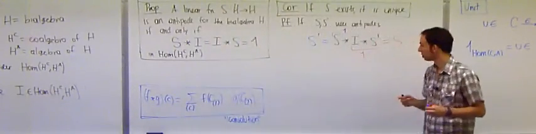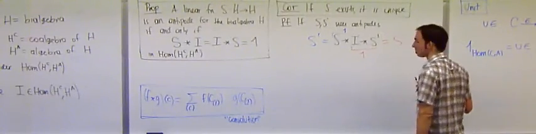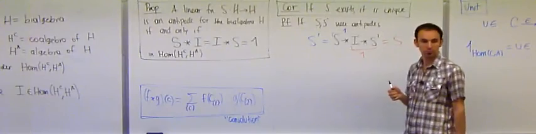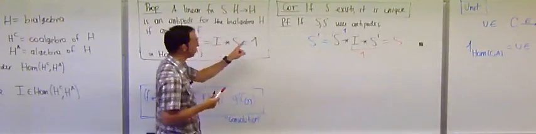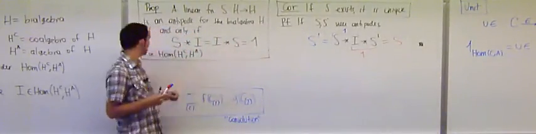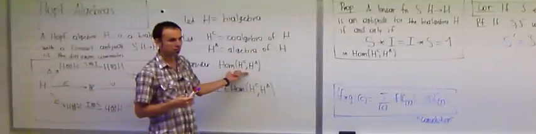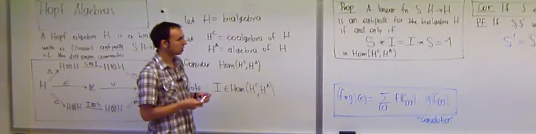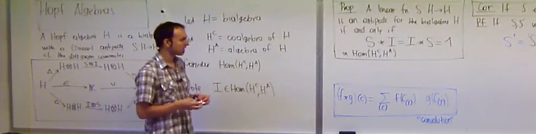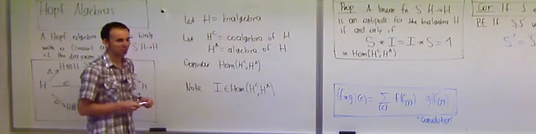Mm-hmm. That's right. So S, I, and 1 are all maps in here. And 1 would appear to be a map that doesn't do anything, which would make you think that it's equal to I. Yeah, so I see your confusion that it sounds like 1 and I should be the same thing, but it turns out they're not.